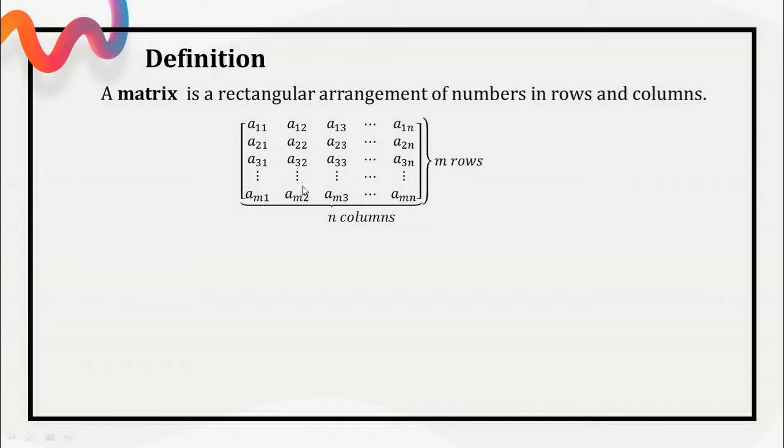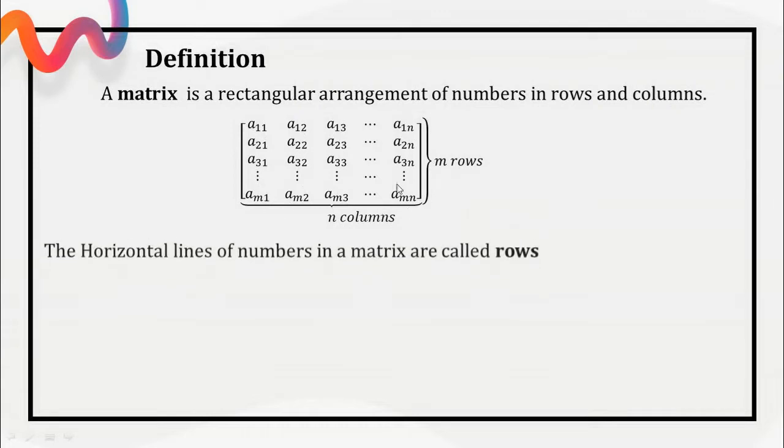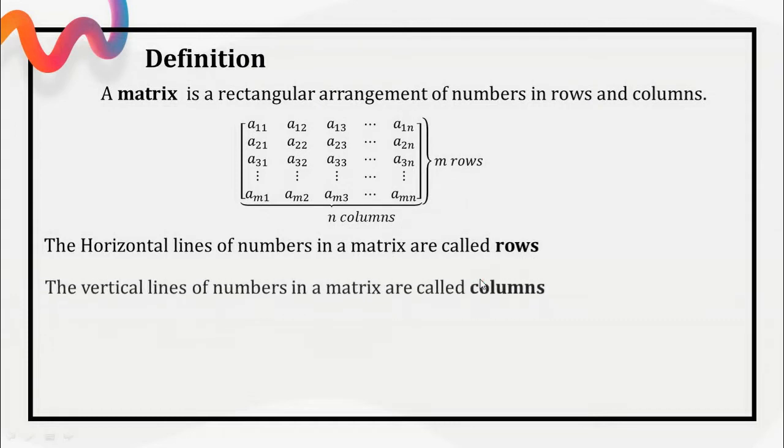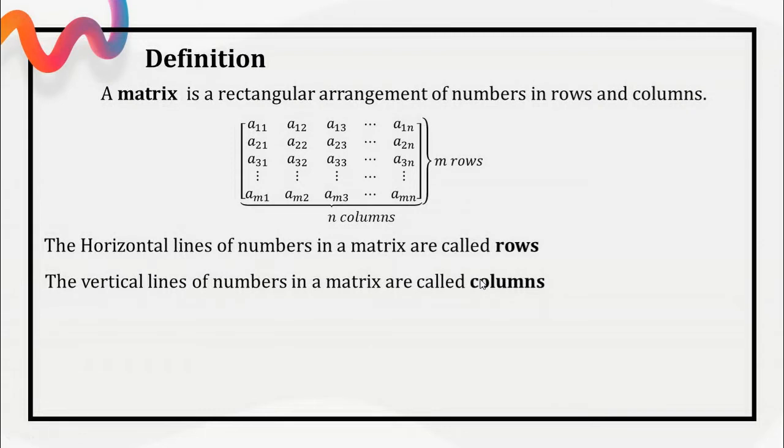So we have M rows and N columns. The horizontal lines of numbers in the matrix are called rows, and the vertical lines of numbers are called columns.